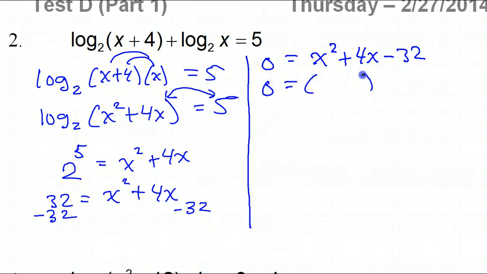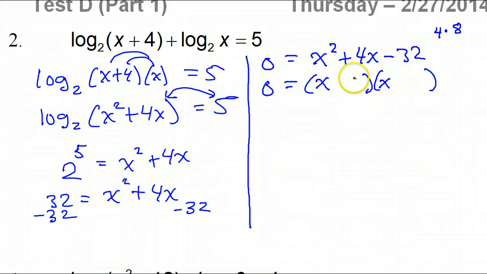And let's see if we can factor it. X squared could only be x times x. 32, that could be a bunch of things, but let's see. One thing it could be is 4 times 8 is 32. Okay, and there's other stuff, but let's start with this.